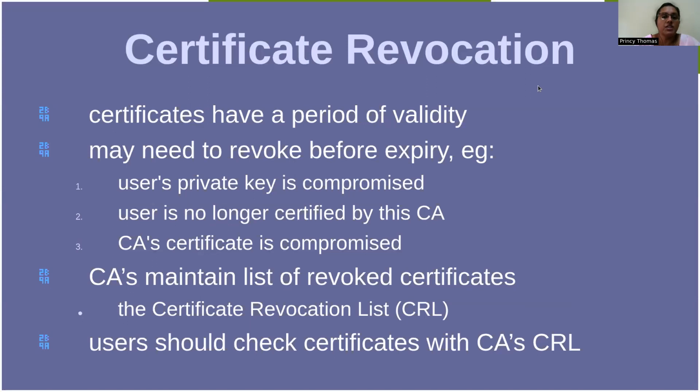Certificate revocation. The certificates are normally issued for a period of time, as seen in the details in the certificate. And sometimes the certificate needs to be revoked before the expiry.